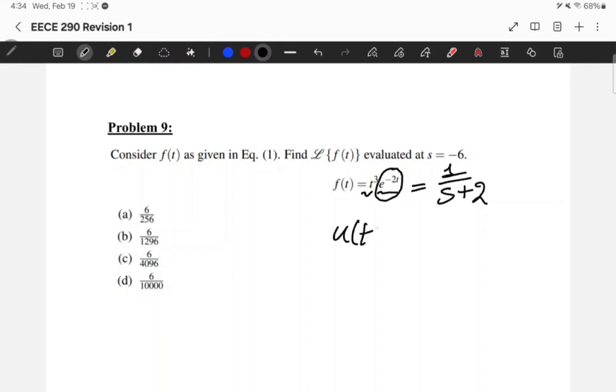Remember that u of t transforms to 1 over s. If I multiply by an exponential, I will shift s by this exponential, so plus 2. But I also have t cubed.